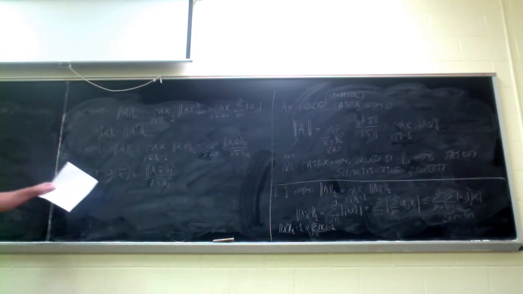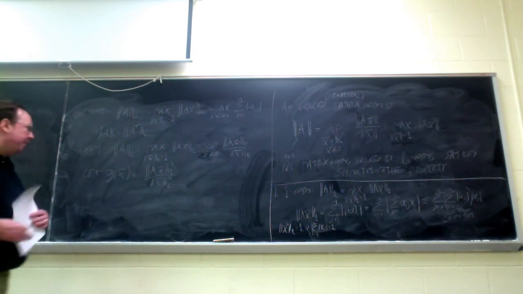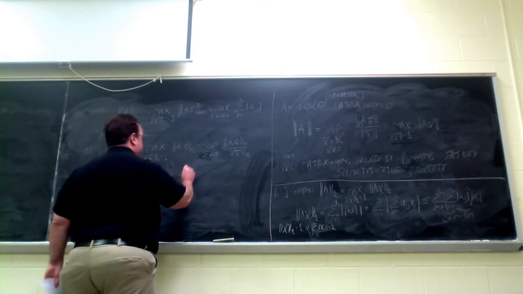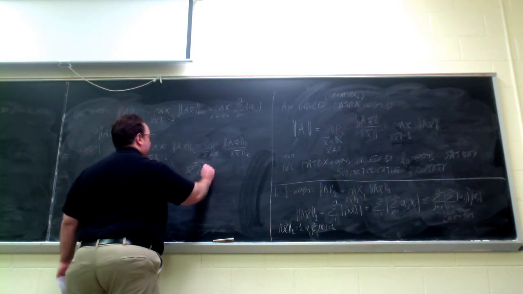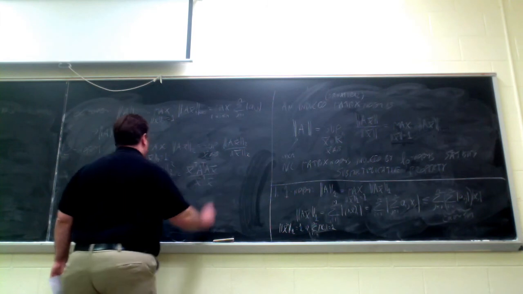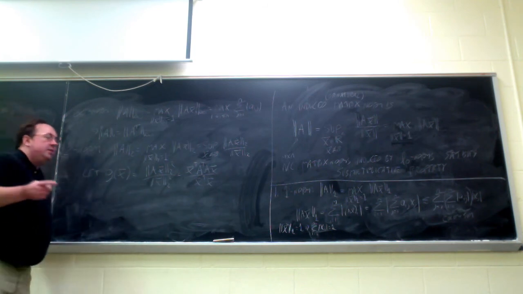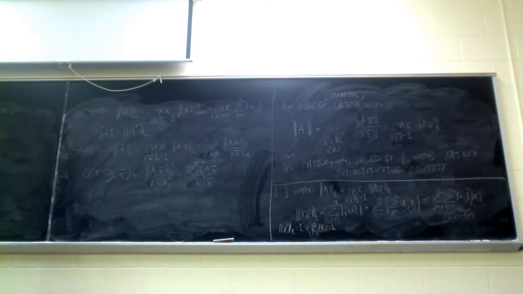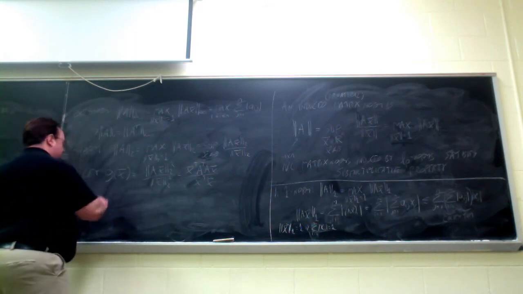If I define it this way, I'd like to find the supremum of this function, or maximum if it has one. And this can be written as x transpose A transpose Ax over x transpose x. So what I could do is try to take the gradient of this function and see where it's equal to 0.